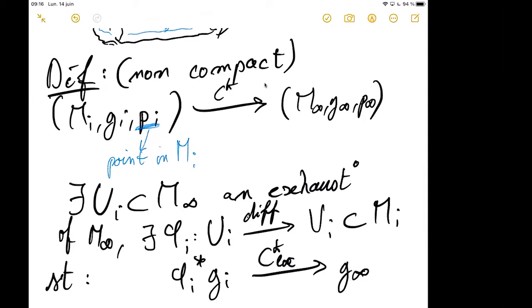And I forgot the point, so P infinity, which is in Ui, should be mapped to Pi.